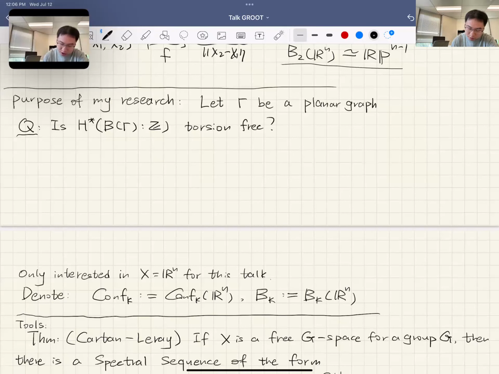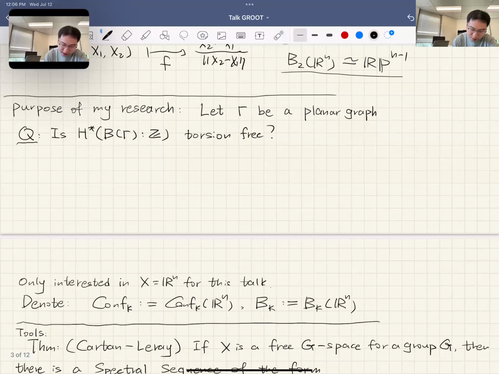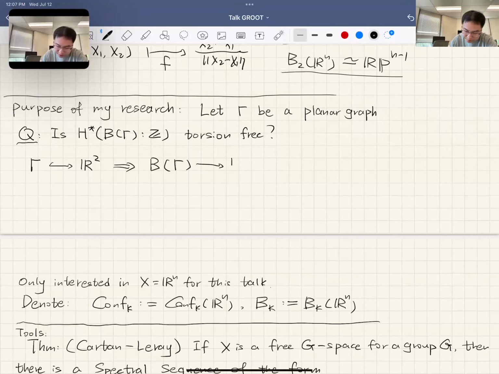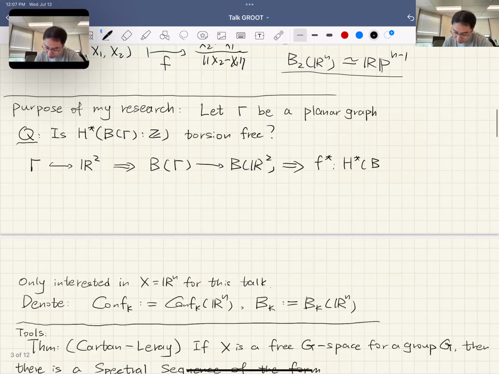One way to approach this question is to study what happens when we have a planar graph embedded into R^2, and this induces a map at the level of configuration spaces. By pulling back, we have an induced map f^* from H^* of B of R^2 to H^* of B of Gamma.